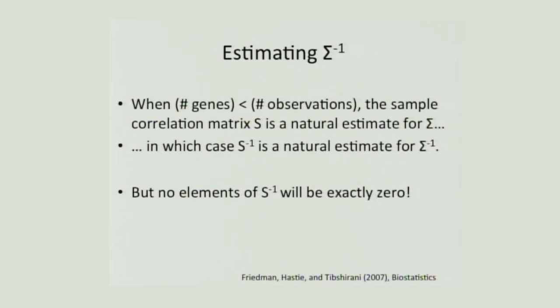And even worse, in the type of data that we see in biology, we unfortunately have many, many more genes than observations. You're never going to have more tissue samples than you have genes if you've done some sort of high throughput analysis. And so we can't even calculate S inverse, because remember I said most matrices have inverses, but not all of them.